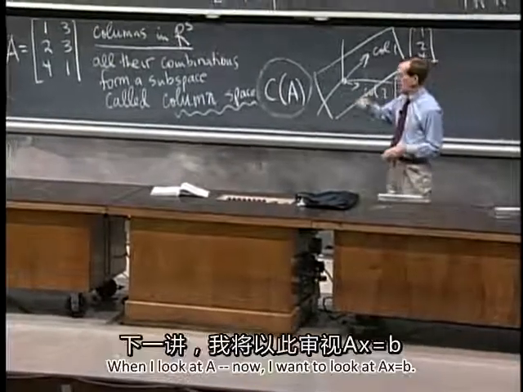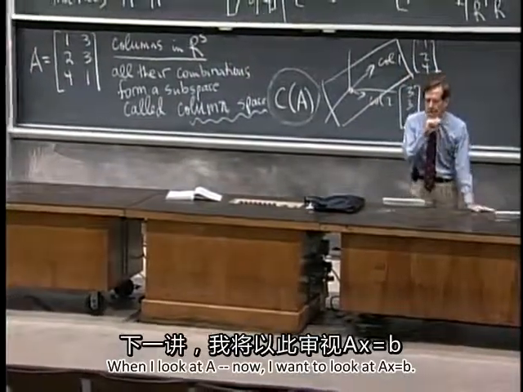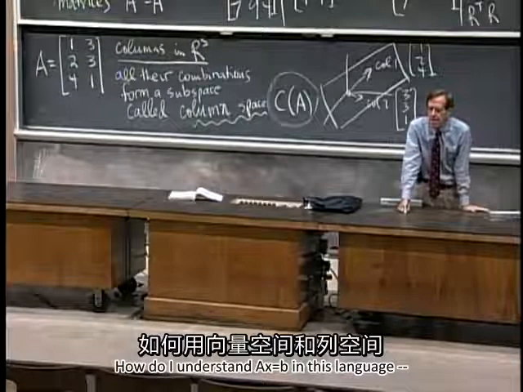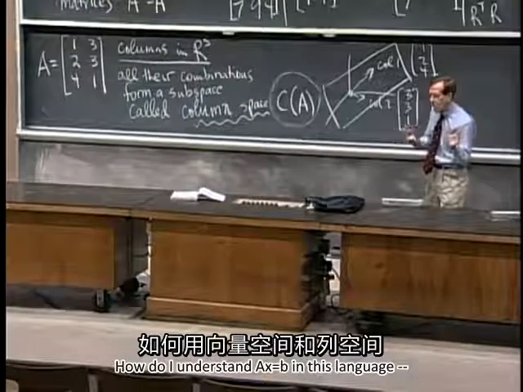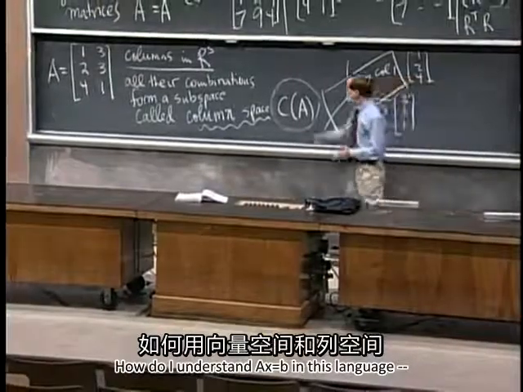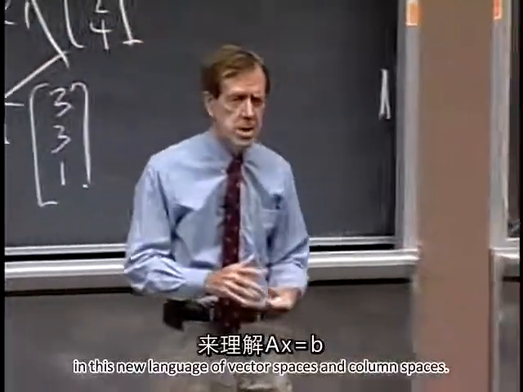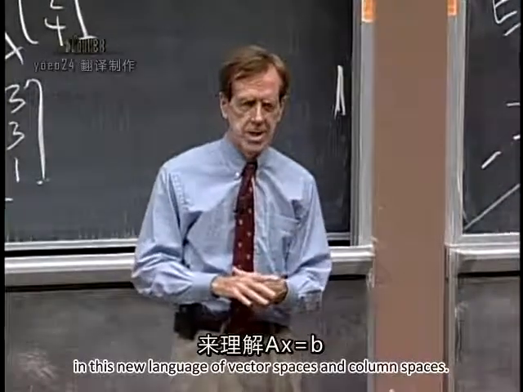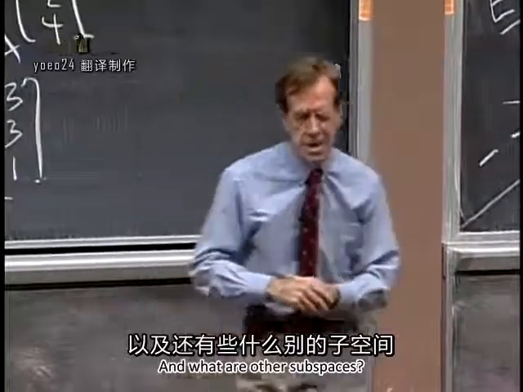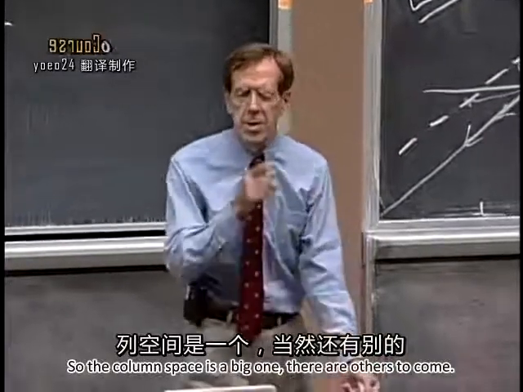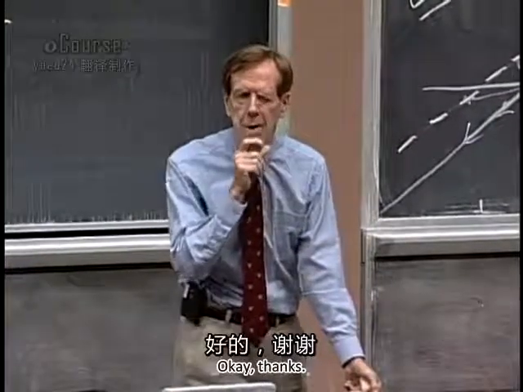When I look at A, now I want to look at AX equal B. That'll be the first thing in the next lecture. How do I understand AX equal B in this new language of vector spaces and column spaces? And what are other subspaces? So the column space is a big one. There are others to come. Okay, thanks.